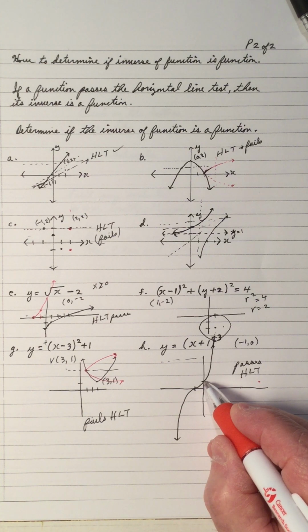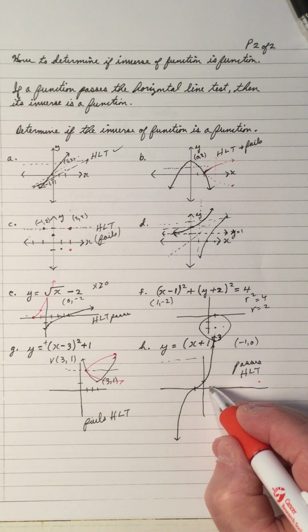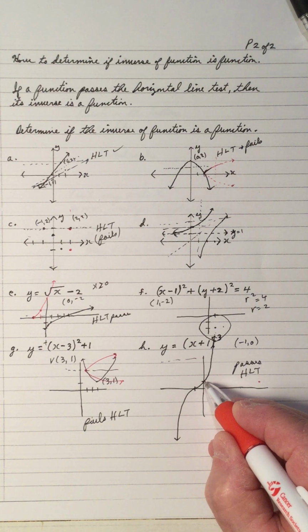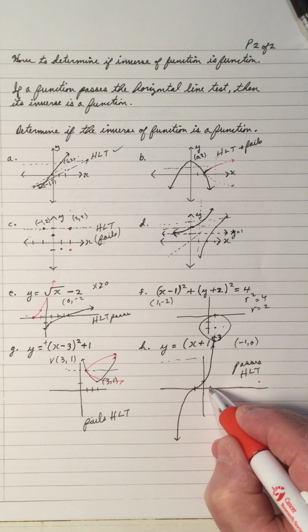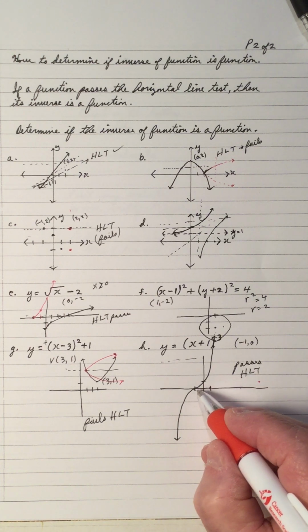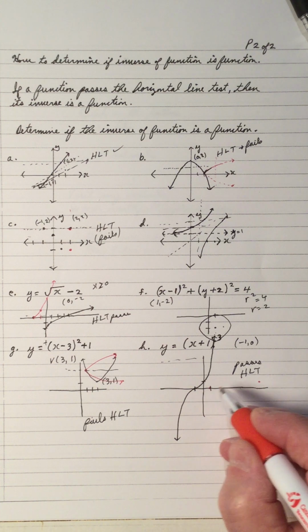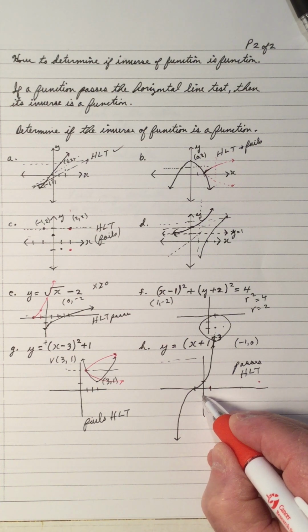And this point here is x is 0, y is 1, so we get 1, 0, which is right here. And this point right here, x is negative 1, y is 0, so we get 0, negative 1, which is right here.